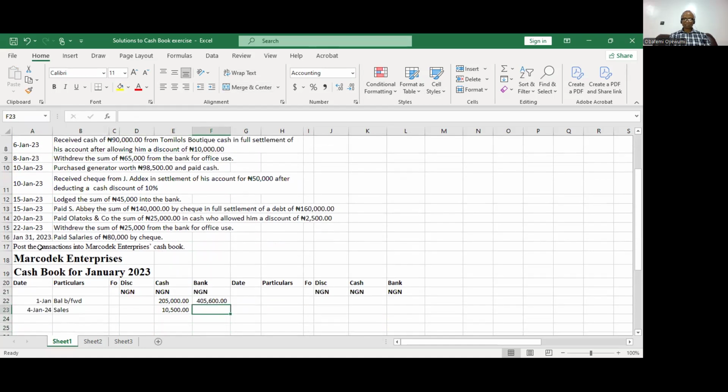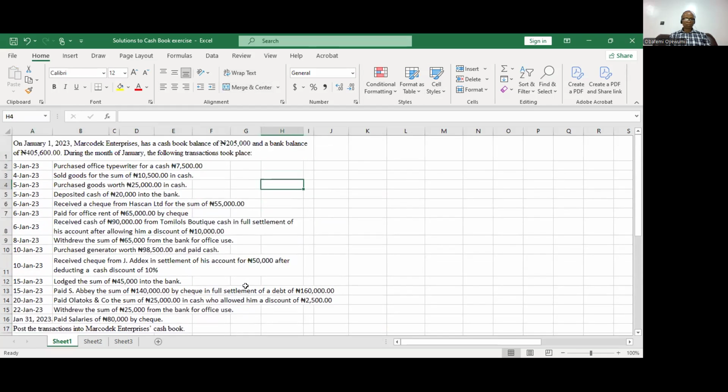That's on the 5th. On the 5th, come back to the credit side. On the 5th of January, they purchased goods worth 25,000.